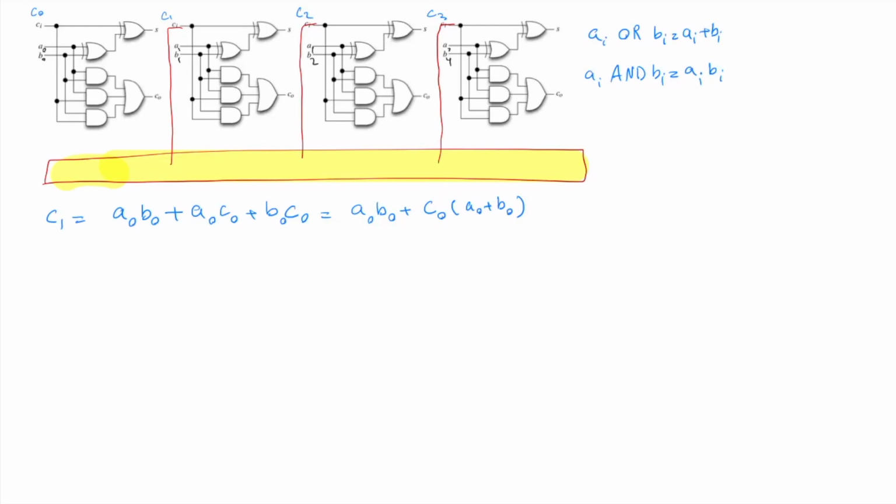But let's keep going and get to C2, because C2 is going to be a little bit more difficult. C2 is going to be A1 B1 plus A1 C1 plus B1 C1. You can still use the same trick, you can write it as A1 B1 plus C1 multiplied by (A1 plus B1).